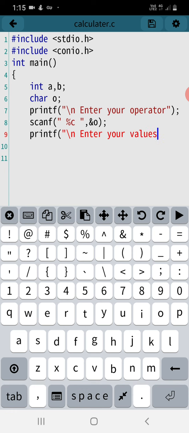Here we enter our values for the operation, the values to operate on with the operator that has been given.